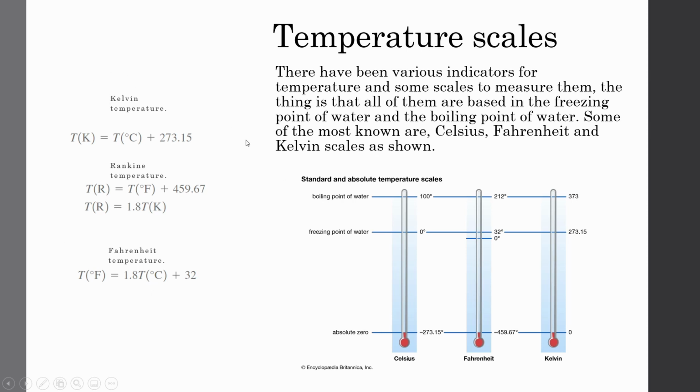And here we have some formulas to do the conversion of temperature changes, and we also have another one, Rankine temperature. So just check them out, and I think these images are a good explanation of temperature scales.